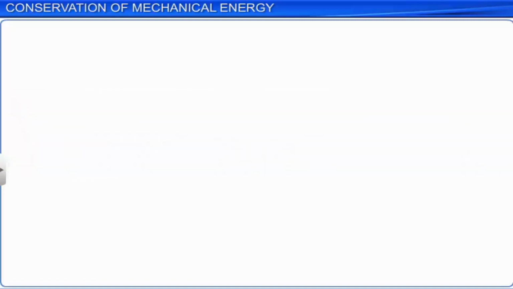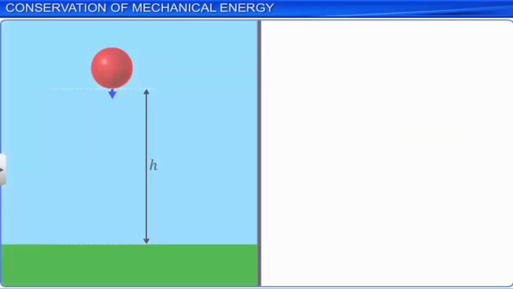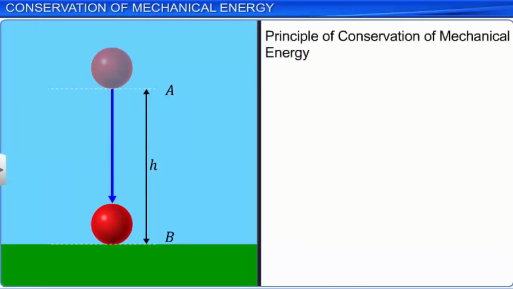Let's now understand the principle of conservation of mechanical energy. Consider any 2 points A and B in the path of a body falling freely from a certain height h. According to the principle, the total mechanical energy is constant in the path travelled by a body under the action of a conservative force.